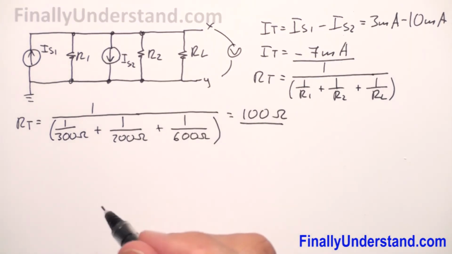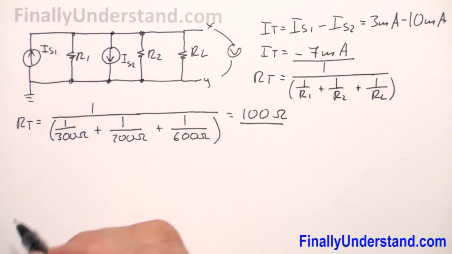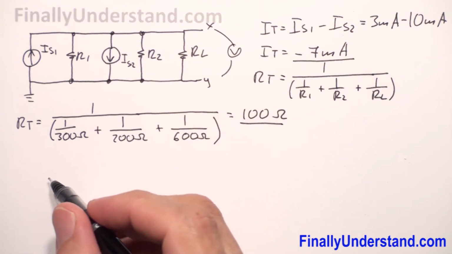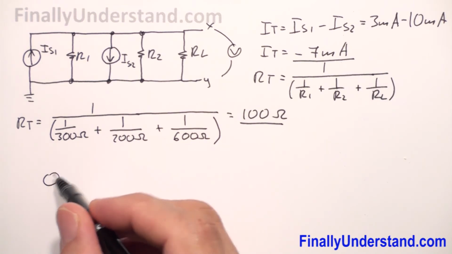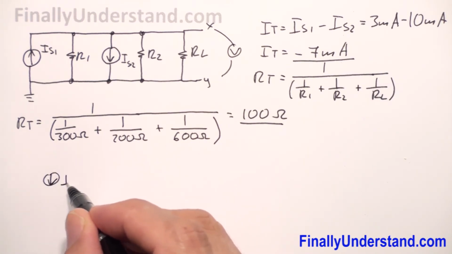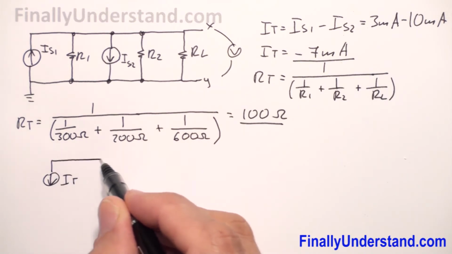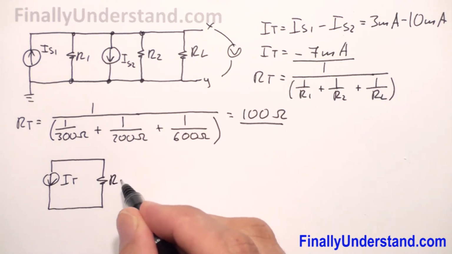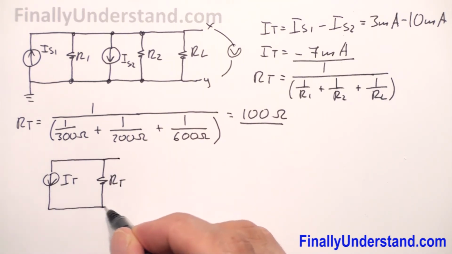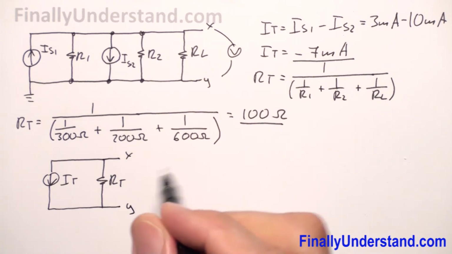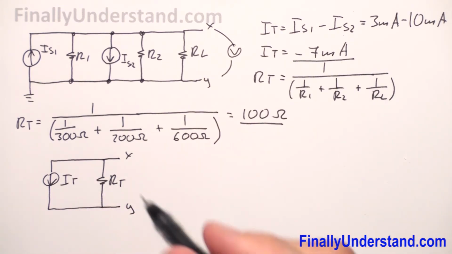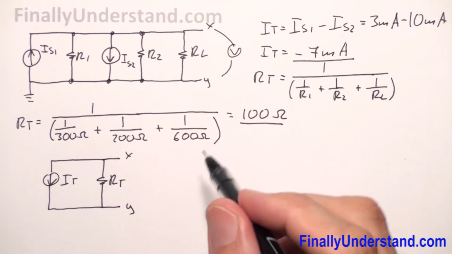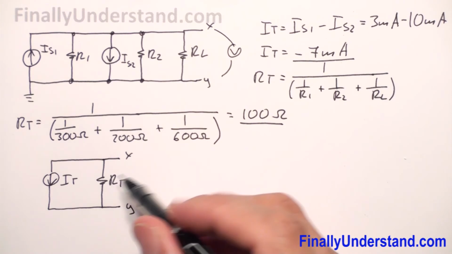So I can redraw the circuit, and my circuit is going to look like this. I have my I total, okay, and this is my R total over here. Okay, and these are the terminals XY. Okay, and because I have one current and one resistance, so I can find the voltage across this resistor.